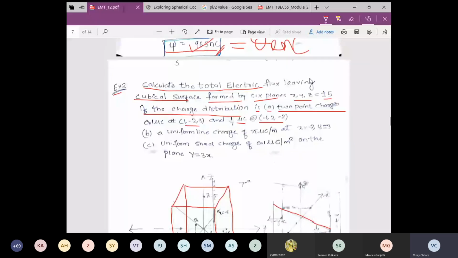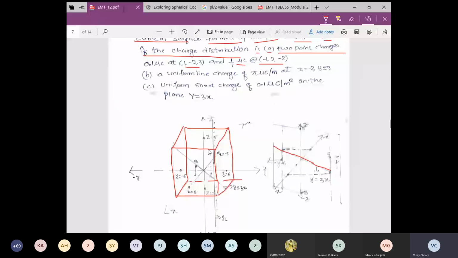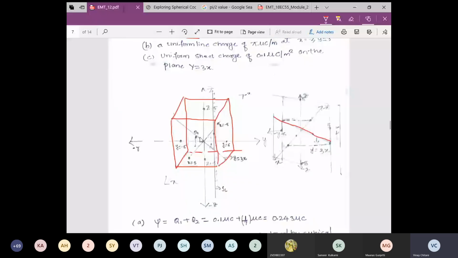That is, the front face is x equal to 5, the back face is x equal to minus 5. This side surface is y equal to minus 5, and this side surface is y equal to 5, and the top surface is z equal to 5, and the bottom surface is z equal to minus 5.